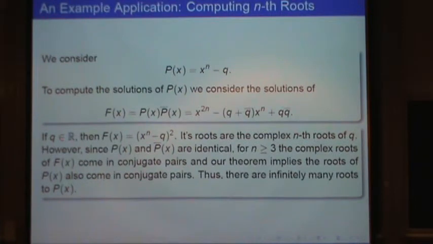However, since p of x and p bar of x are identical, for n bigger than or equal to 3, the complex roots of f of x come in conjugate pairs. And our theorem implies the roots of p of x also come in conjugate pairs. Thus, there are infinitely many roots to p of x.